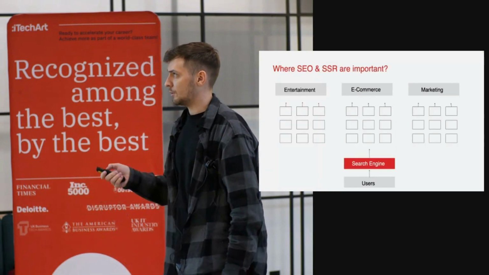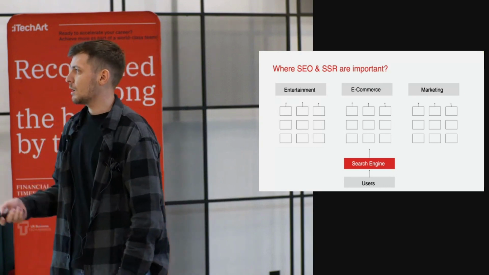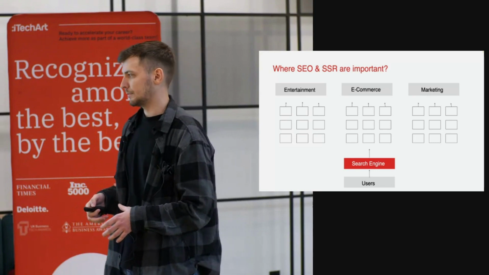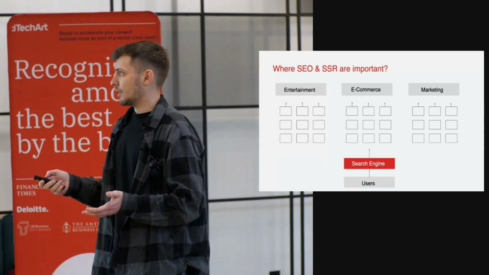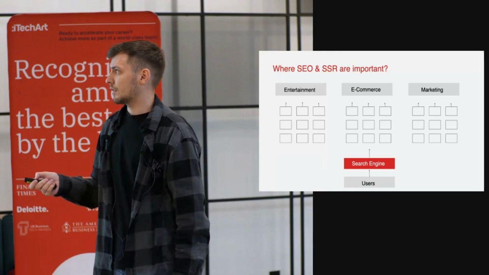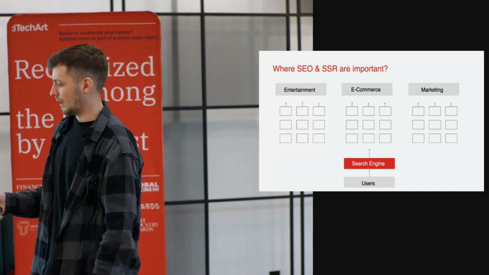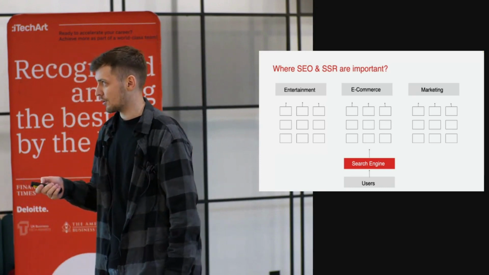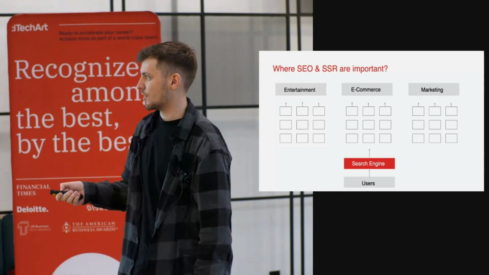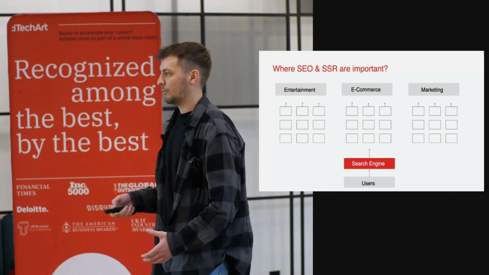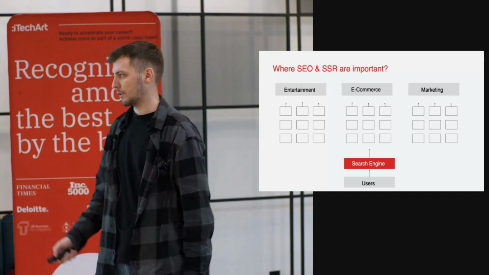And when we're talking about why we need that SEO optimization or server-side rendering in general, right now in scope of our work we have a lot of business domains like entertainment, e-commerce, marketing applications. There are a lot of those. And for that type of applications, it's very important how your pages in general are working in scope of the internet, in scope of search engines, in scope of Google, for example, right?